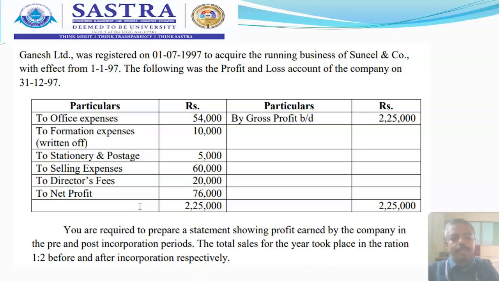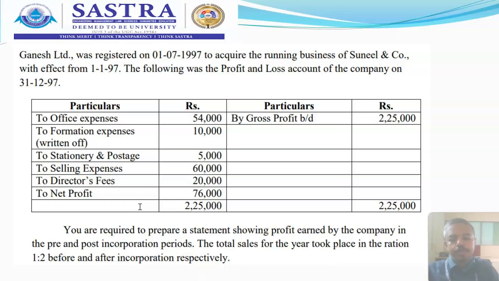So start from there. Let me request you to have a table with at least 5 columns. First column, let it be details. The second column is the basis for apportionment.